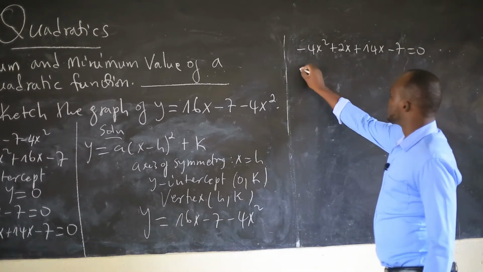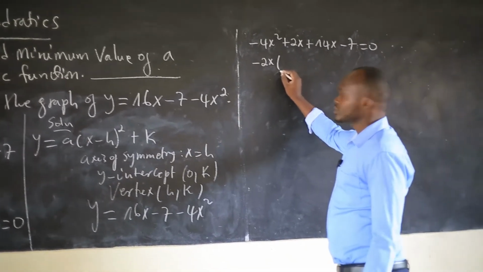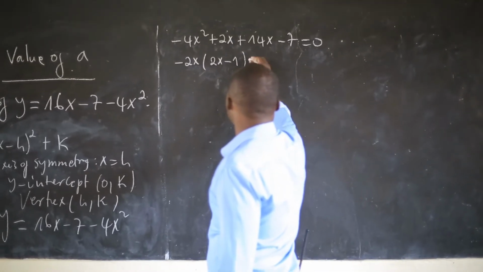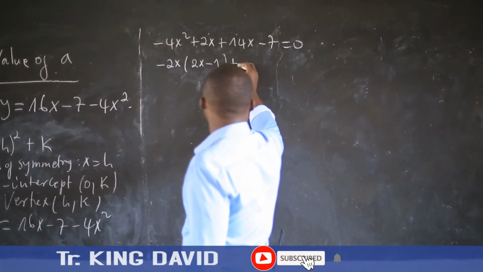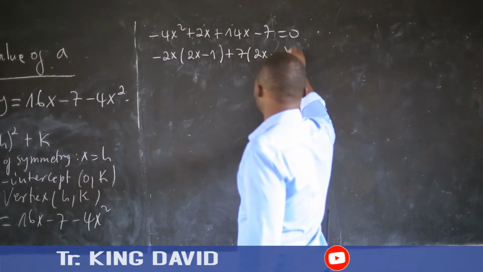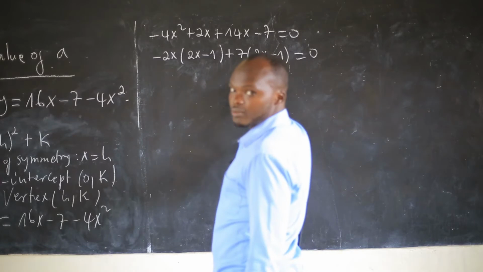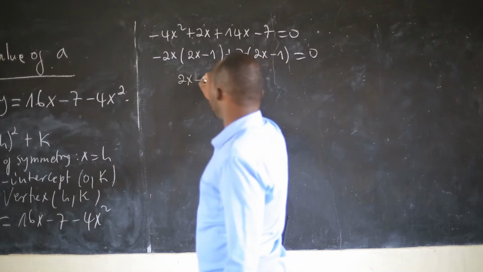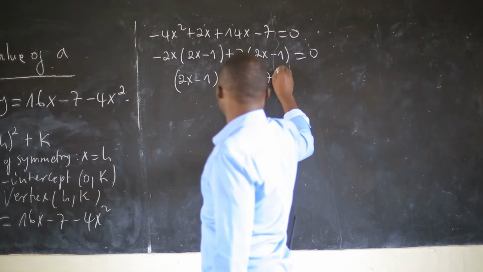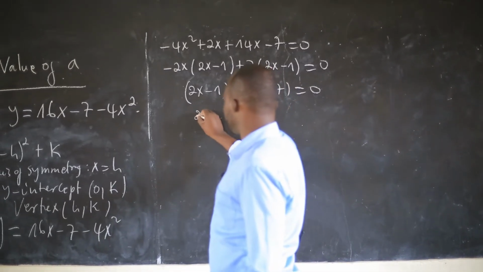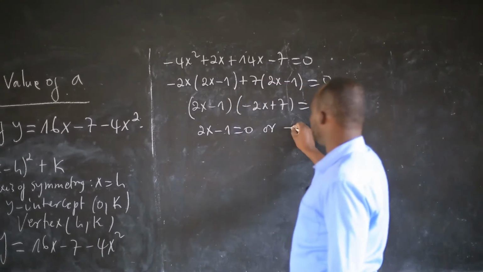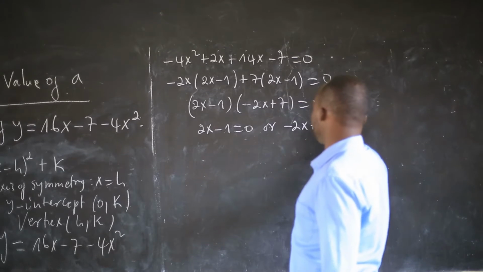So we take negative 2x out of the bracket, remaining with 2x minus 1, plus we take 7 out of the bracket, remaining 2x minus 1, equal to 0. 2x minus 1 is common, that's negative 2x plus 7 equal to 0, which means that 2x minus 1 is 0, or negative 2x plus 7 equal to 0.